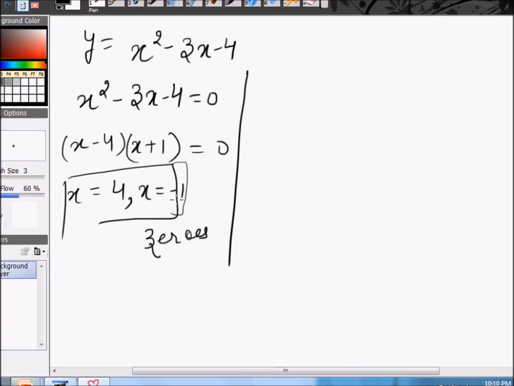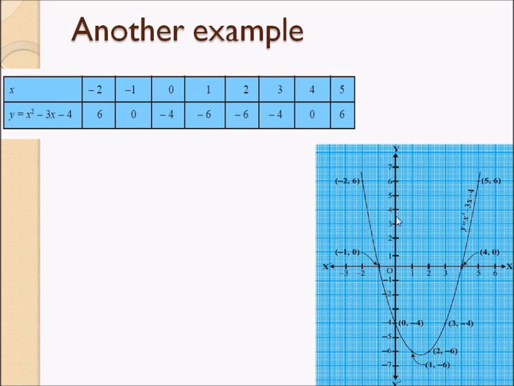Now, if we look at the graph plotted in the Cartesian plane, we see such a shape. Now see, again the zeros, that is minus 1 and 4, which have been shown in the solution, are plotted here.